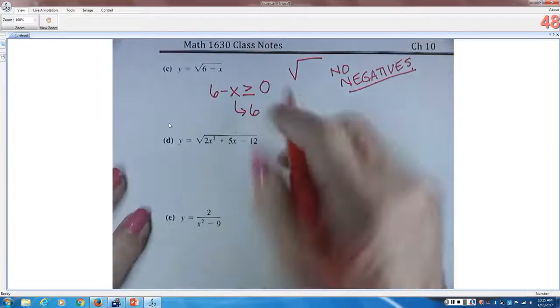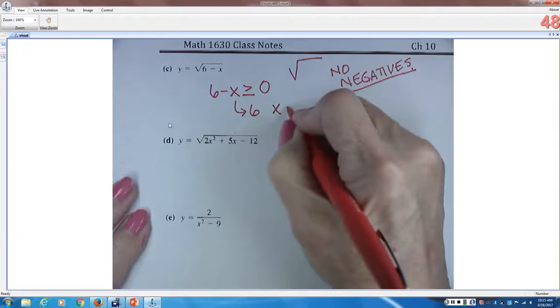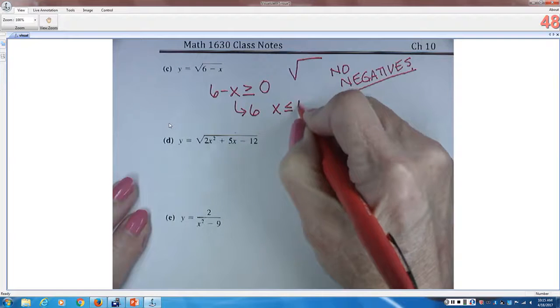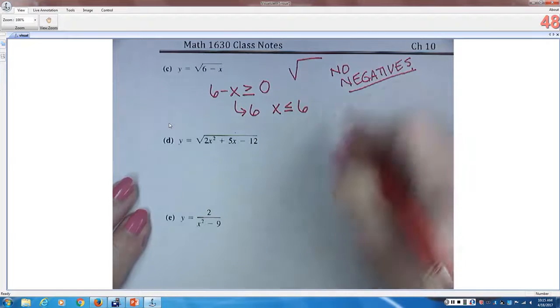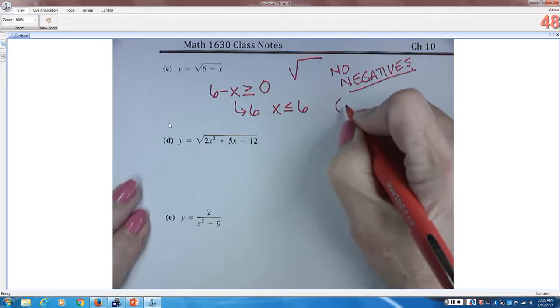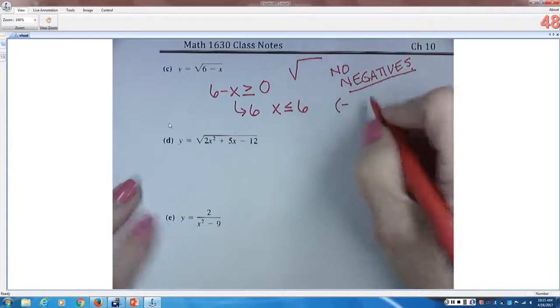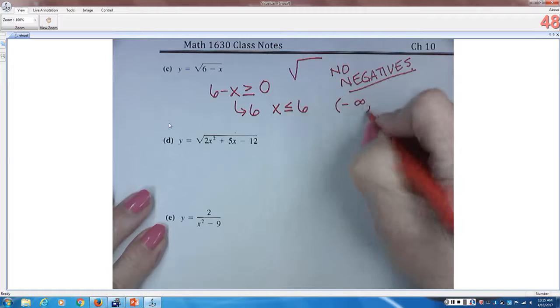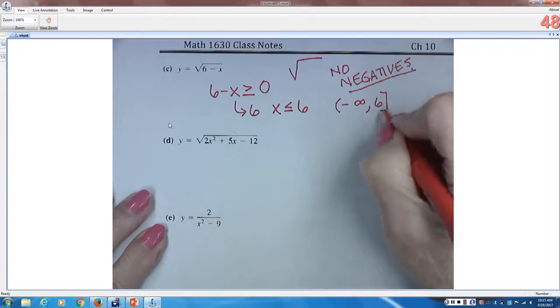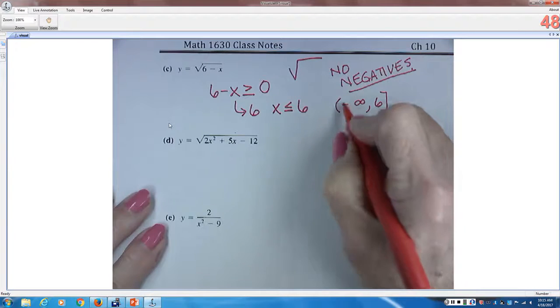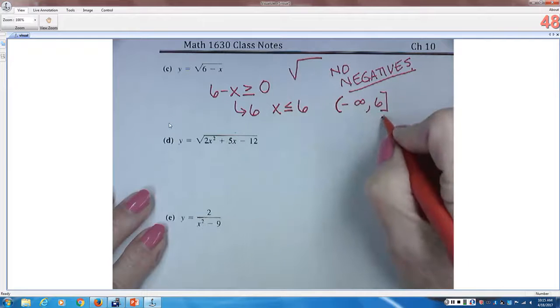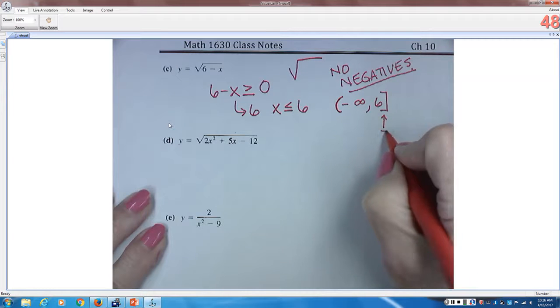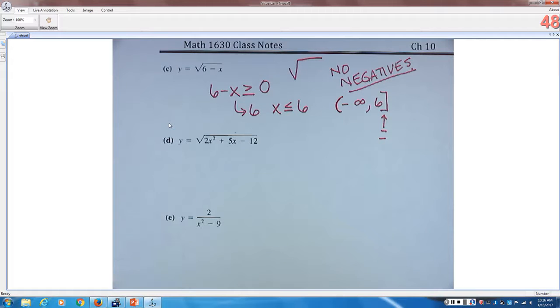So x has to be equal to or less than 6, which means it goes from negative infinity up to and including 6. The infinity always gets a parenthesis, but this gets square brackets because it can be equal to 6.